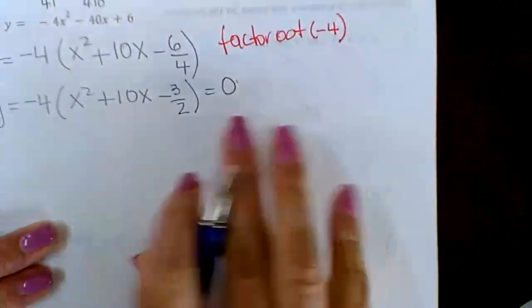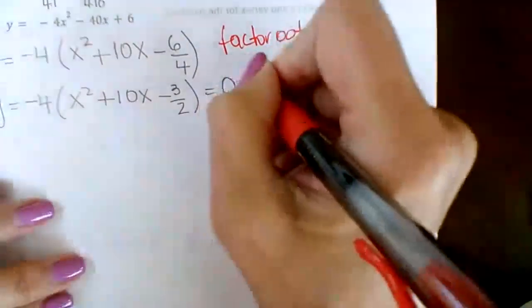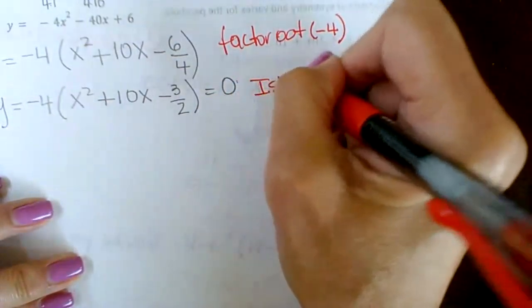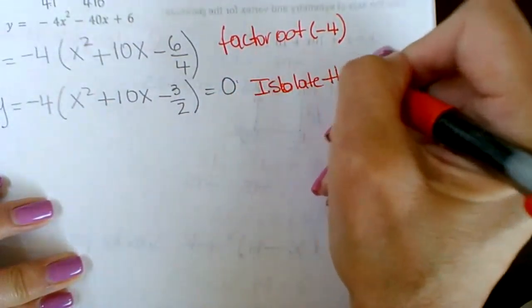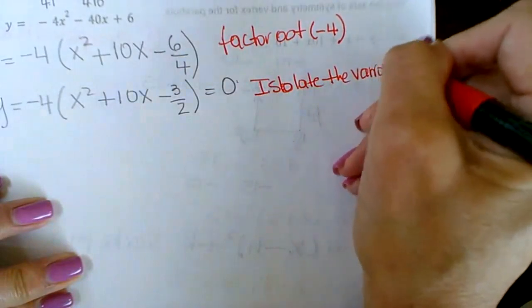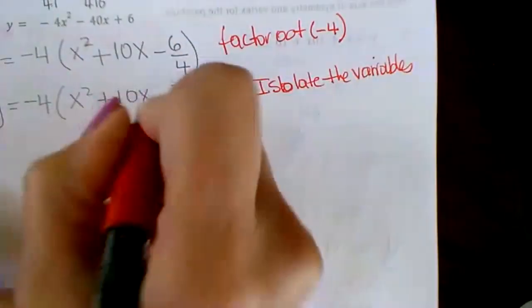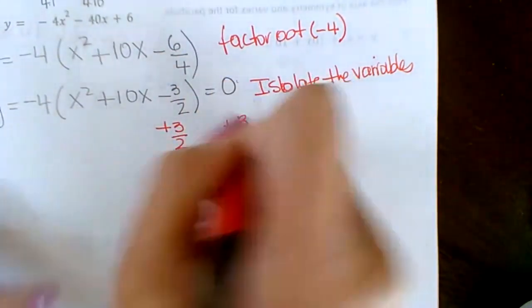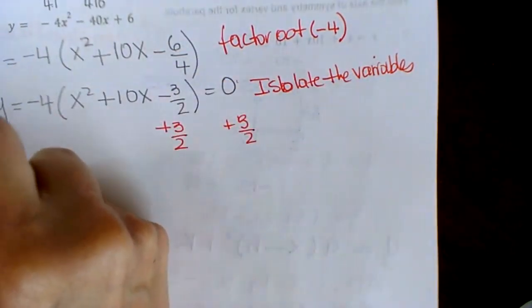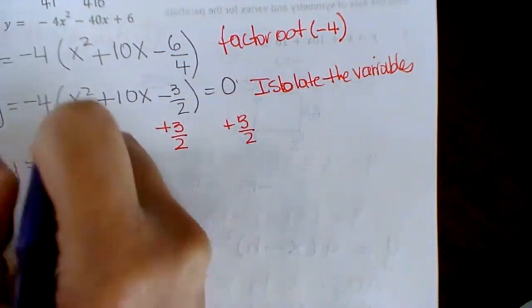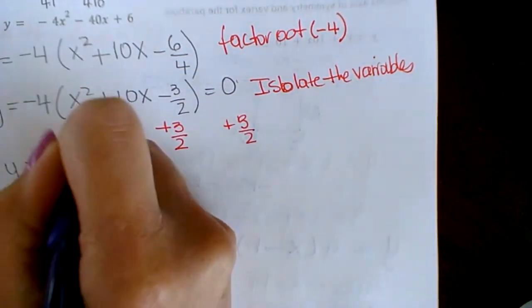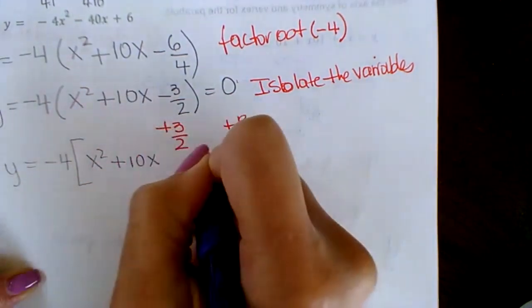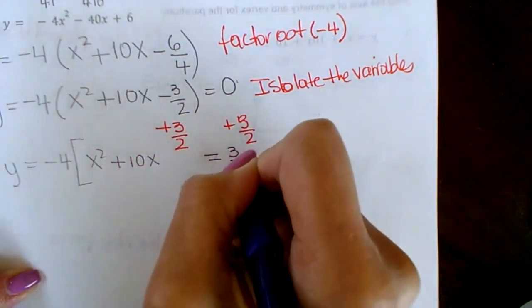Let's simplify it. So we're going to isolate the variables. We're adding 3 halves on both sides. So this is going to be x squared plus 10x equals 3/2.